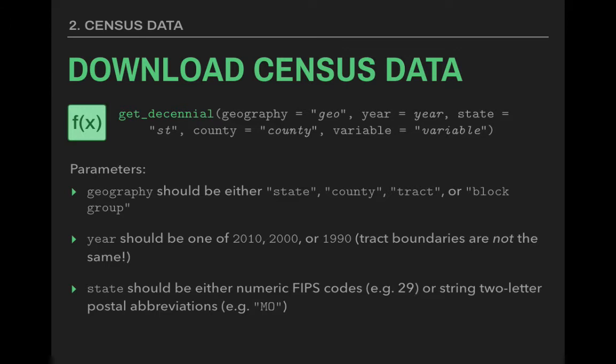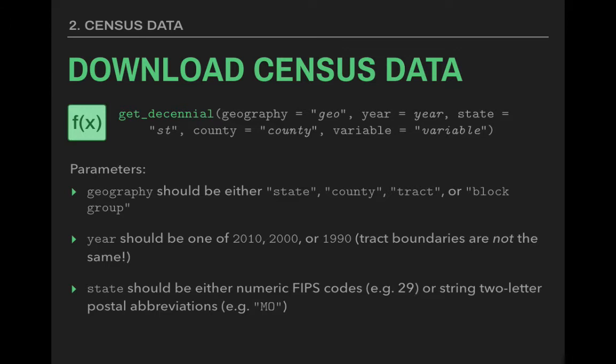We also want to note what year we're downloading the data for. One note of caution here, tract boundaries change for each census. So the 2010 tract boundaries are not the same as the 2000 or 1990 tract boundaries. Again, if you're working with historical census data and you want to get it up to 2010 boundaries, there are other tools that can help with that process.